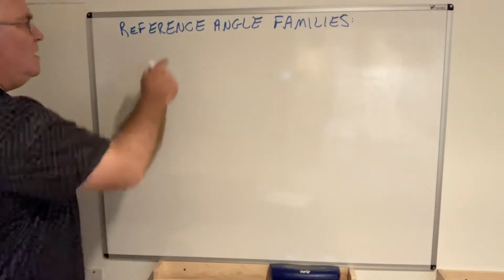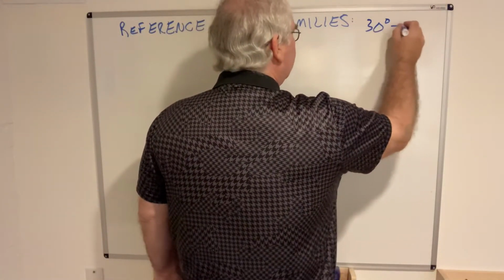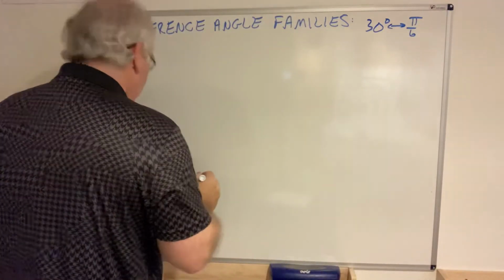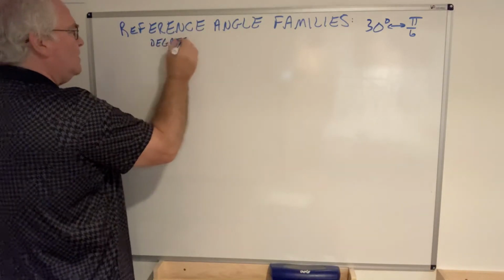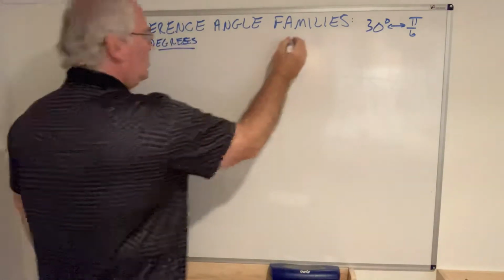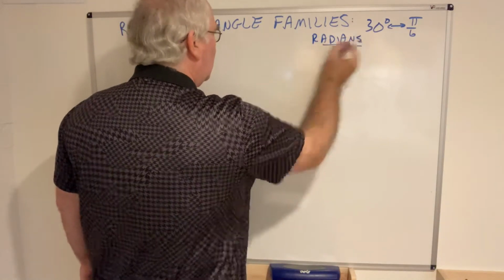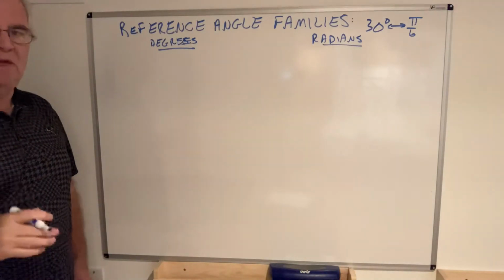So suppose the reference angle is 30 degrees, which corresponds to pi over 6. I'll do degrees here, and we'll do radians over here on this side. And this just needs to become part of your mental furniture.